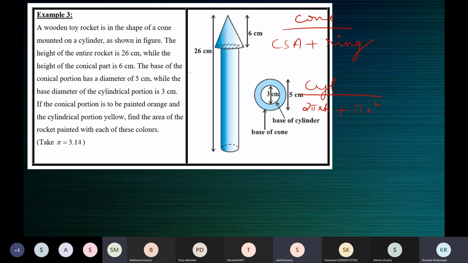Top area is not visible. That's all it is. So you should write out cone, cylinder, ring separately, write out the values, and then analyze the cone and cylinder separately, and hence find the area to be painted orange and yellow.